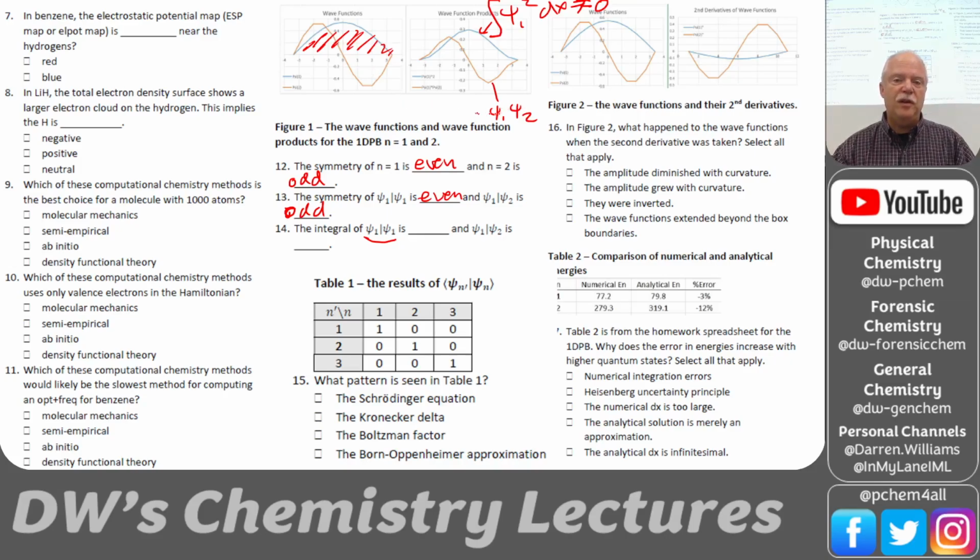Whereas for this orange one, the integral over all space of psi1 times psi2 dx is equal to 0, because we've got some positive numbers here and negative numbers there. When we add them all up, the negatives cancel the positives, and we end up with 0. So the integral of psi1 squared is not equal to 0, and the integral of psi1 times psi2 is equal to 0.